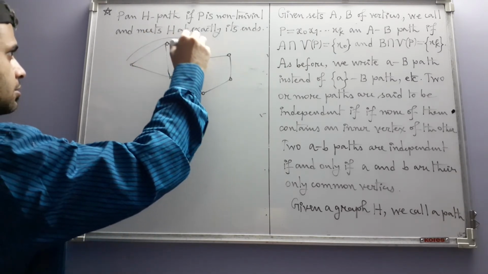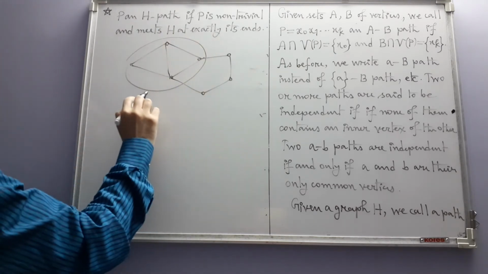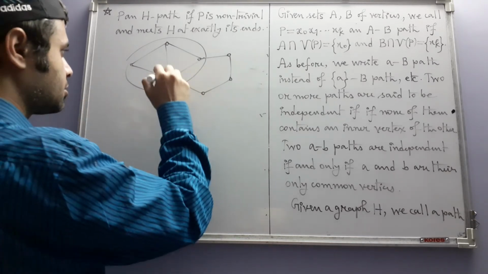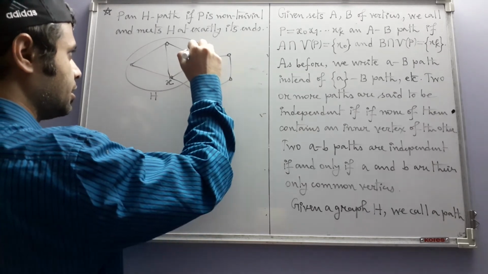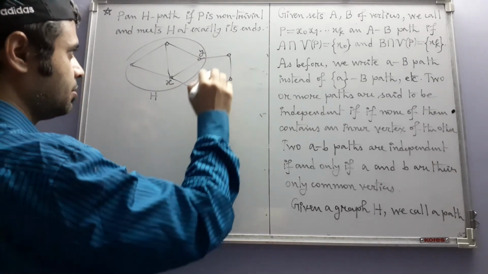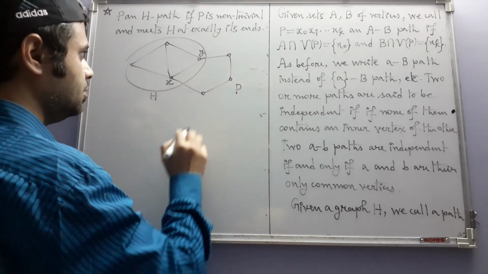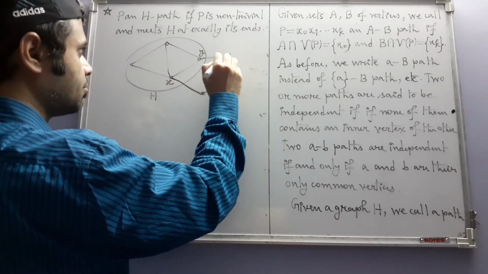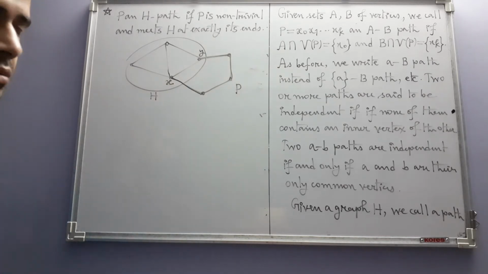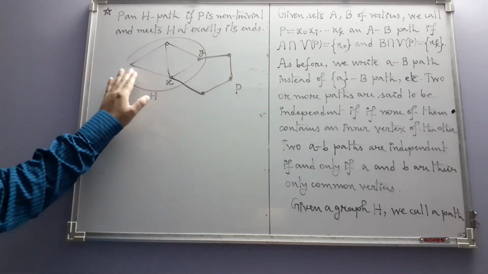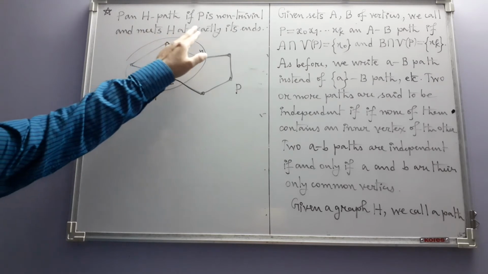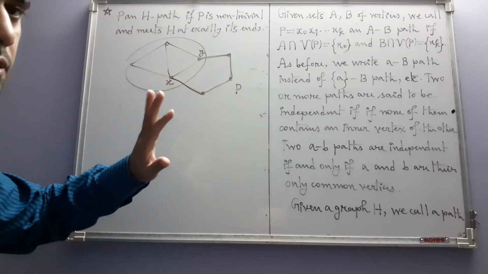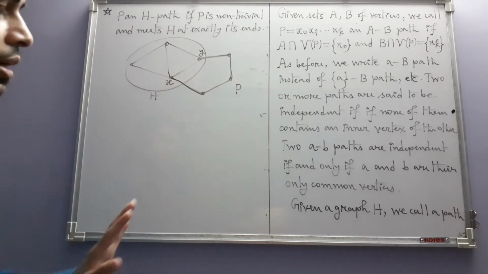Say this is H, and let's name these vertices X and Y. Now you consider the path P, which starts at X and goes like this and ends at Y. Then P meets H at exactly its ends.